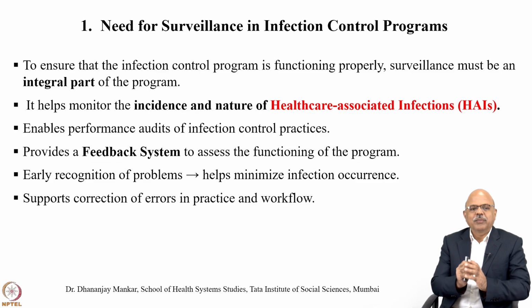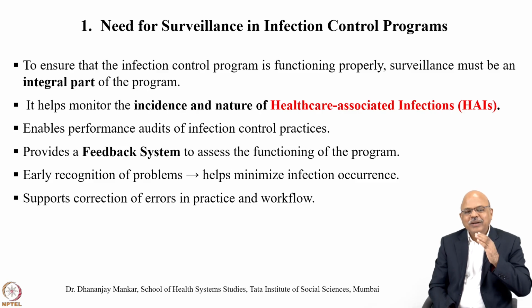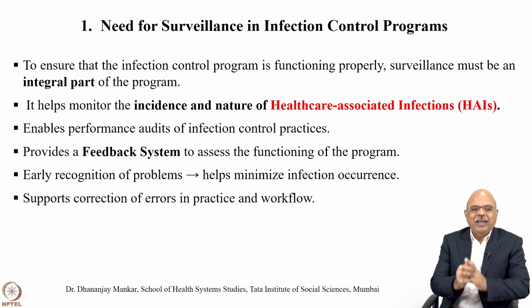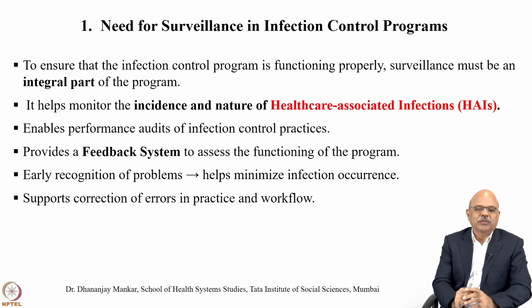Surveillance helps to enable the performance audit of infection control practices, provides a feedback system to assess the functioning of the program, and aids in the early recognition of problems that you come across. It helps to minimize infection occurrence. It supports the correction of errors in practice and workflow.